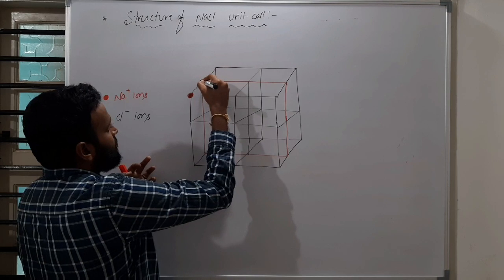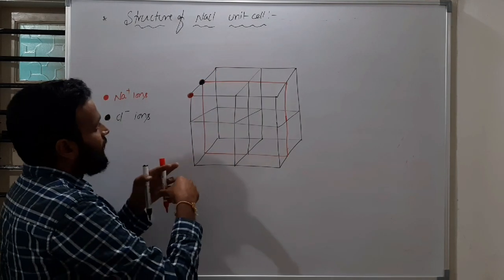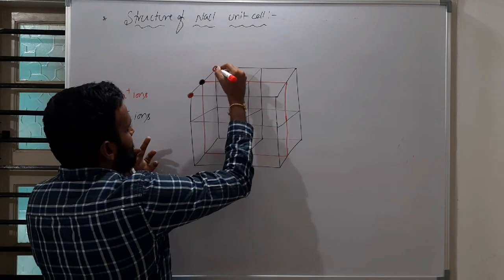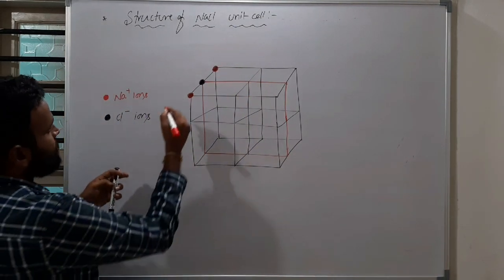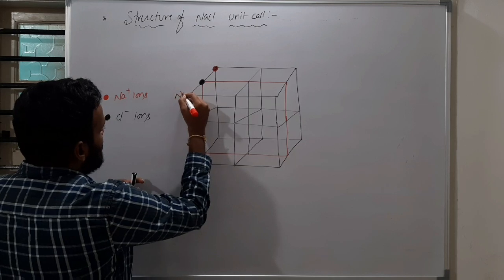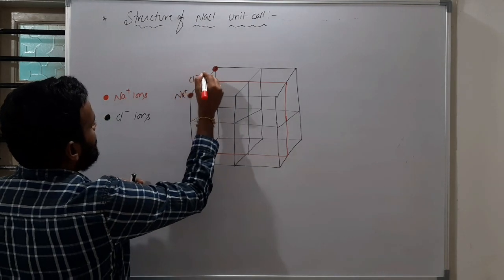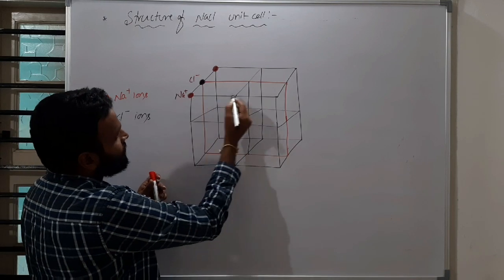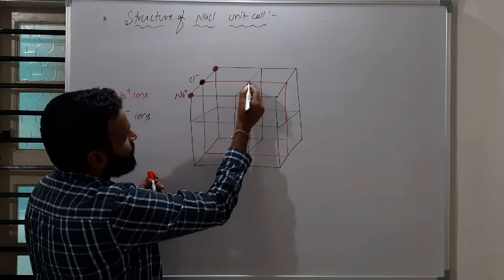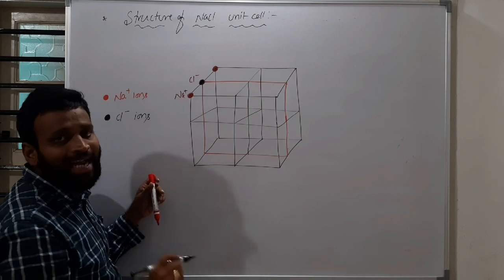Next, here you have Cl- like this, and again Na+ here. This is Na+ and this is Cl-. Now Na+ here, so here again you will have the cation and anion.